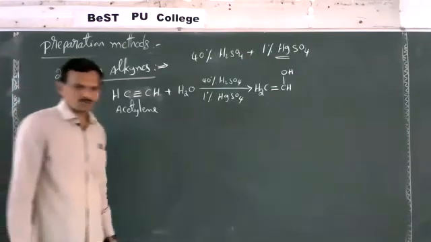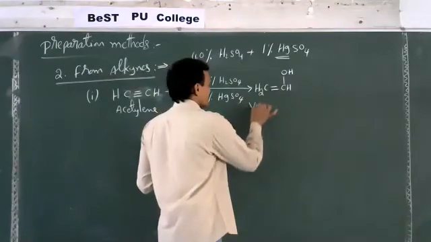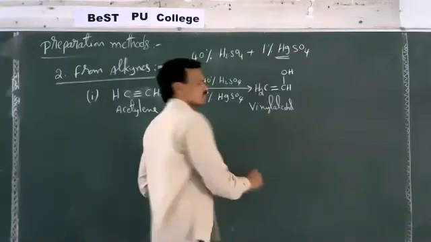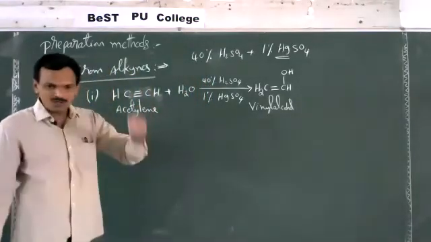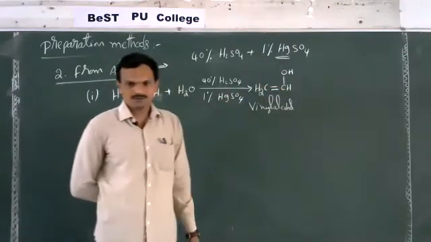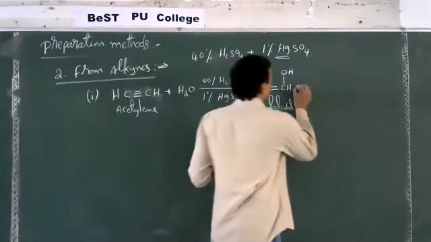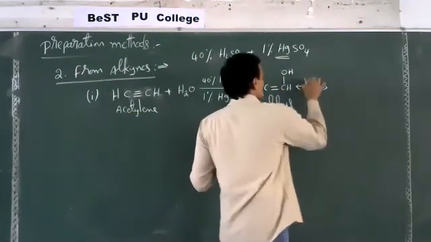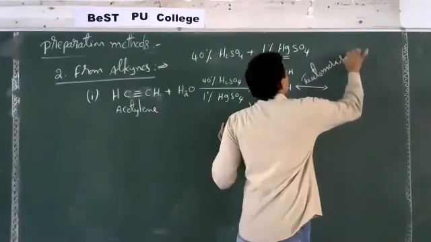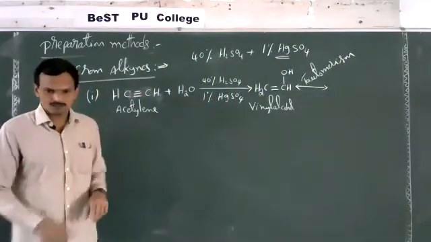What is the name of this compound? This is a vinyl group, this is alcohol. This is vinyl alcohol, which is nothing but an enol. See here, on this carbon, a double bond is there and OH is there. These enols are less stable and undergo isomerization, simply called tautomerism.